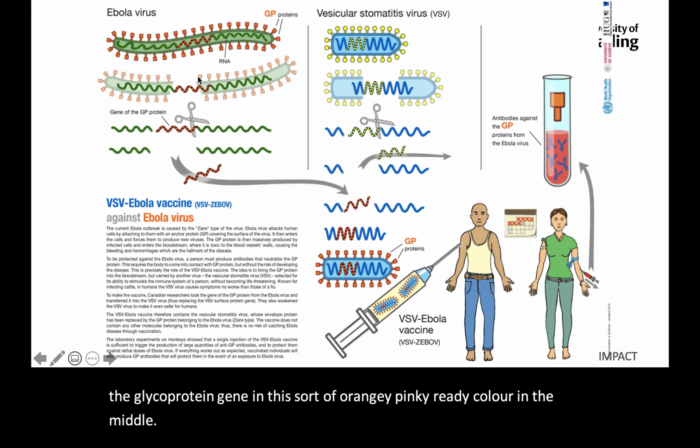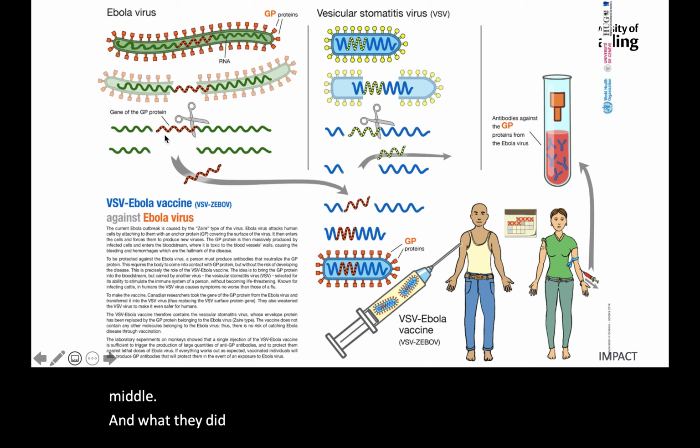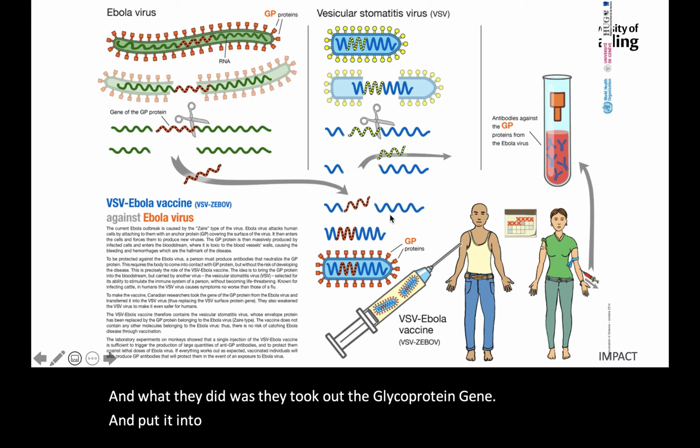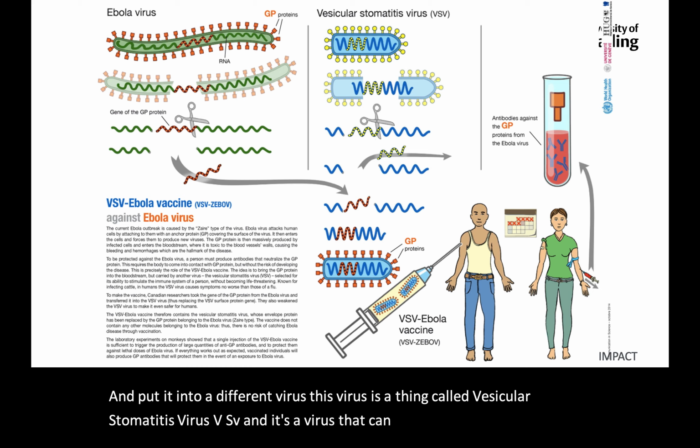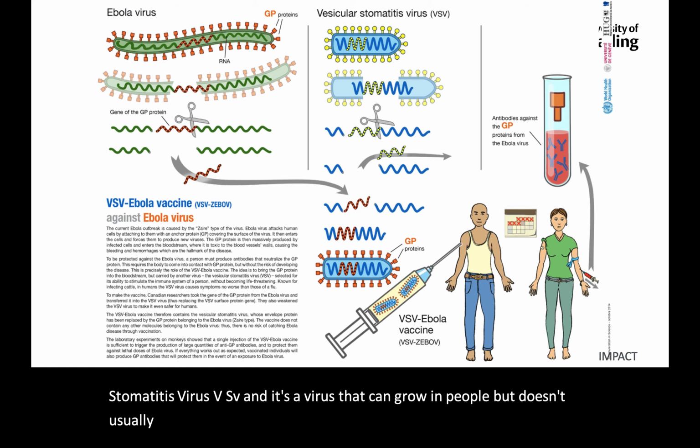And what they did was they took out the glycoprotein gene and put it into a different virus. Now this virus is a thing called Vesicular stomatitis virus, VSV. And it's a virus that can grow in people but doesn't usually cause disease in people. And it also, if I remember right, grows in horses and does cause disease in horses.